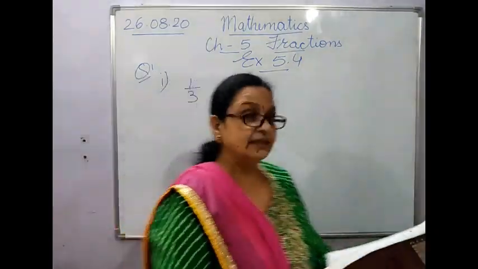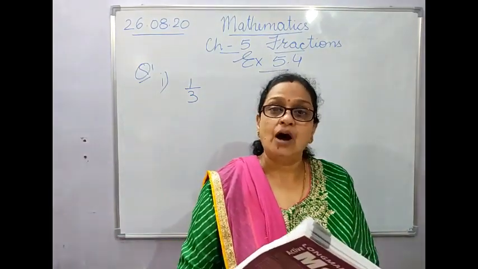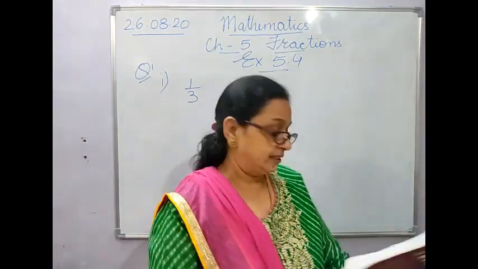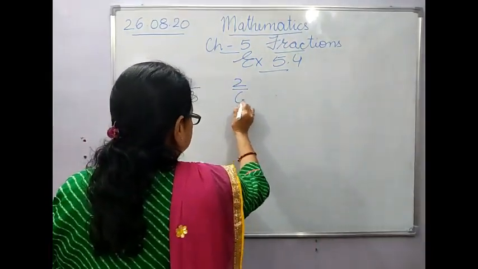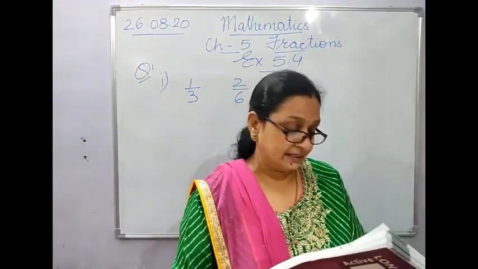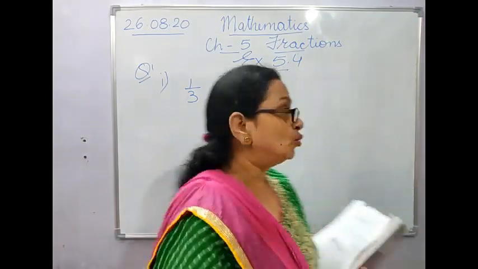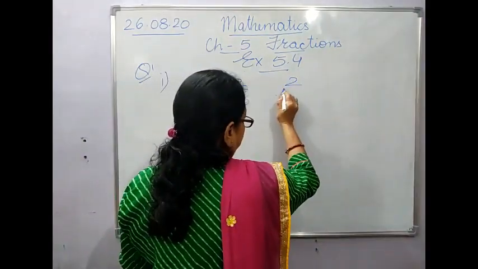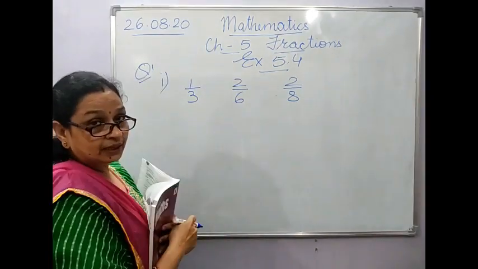In the second circle, the number of parts are 1, 2, 3, 4, 5, 6, out of which 2 are shaded. So in the second one it will be 2 upon 6. And in the third circle, 8 parts are there and out of which 2 are shaded. Now see, are they equivalent?